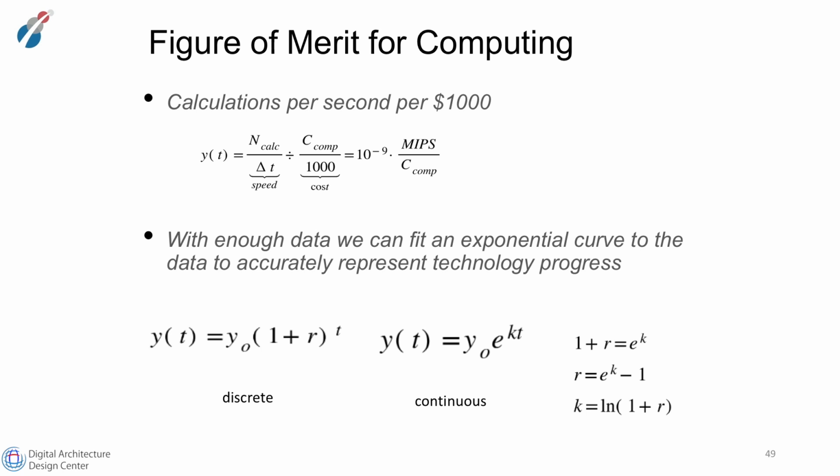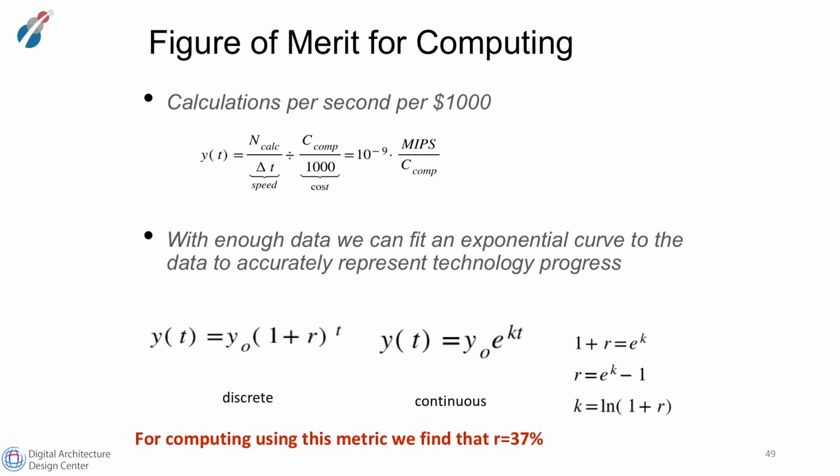We have some initial performance, y0, and we multiply that with (1 + r)^t. t is time, discrete time in this case, and r is a kind of annual rate of progress. Or we have a continuous version of progress on this figure of merit, which is y0 times e^(kt).